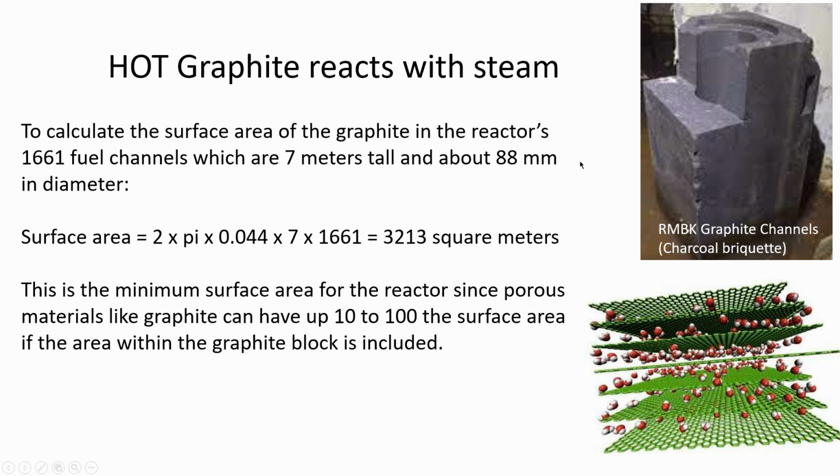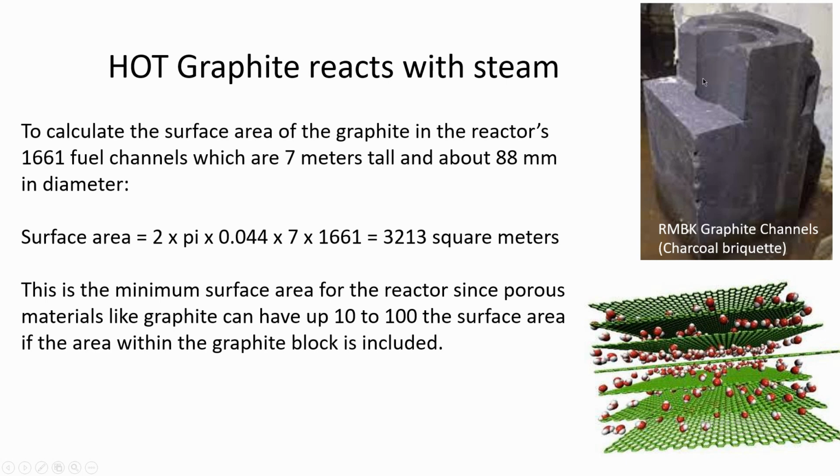To calculate the graphite surface area in the reactor, calculate the cylindrical area inside the graphite blocks as a rough estimate. Of course, the surface area would be orders of magnitude larger, given the porous nature of graphite and how easily gases would pass through the matrix. The perimeter of a circle is 2 pi r.